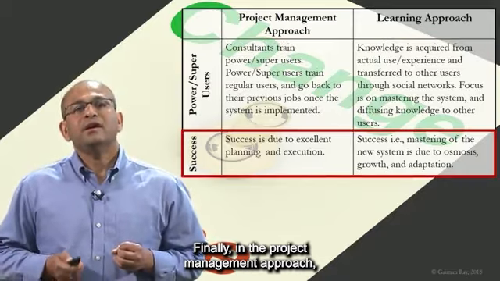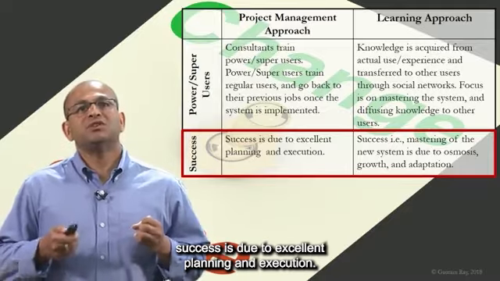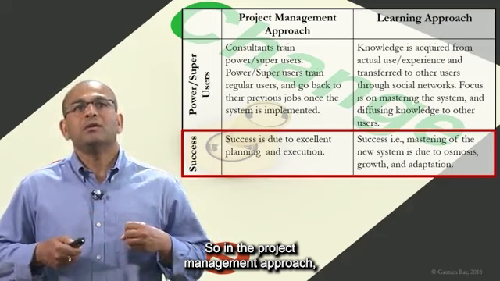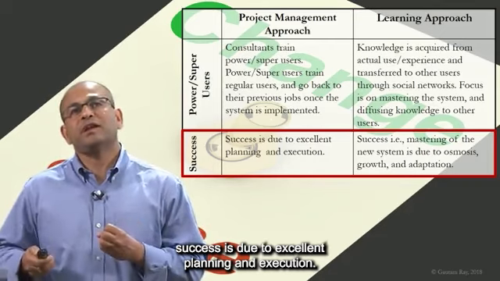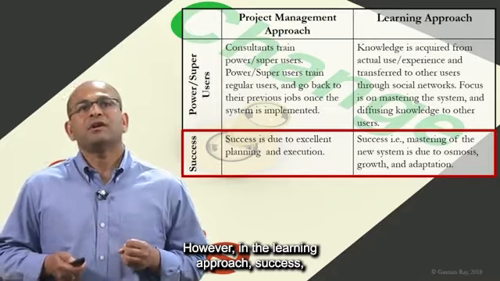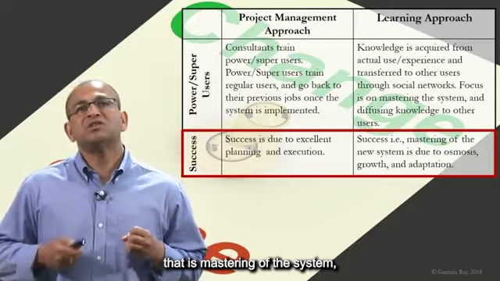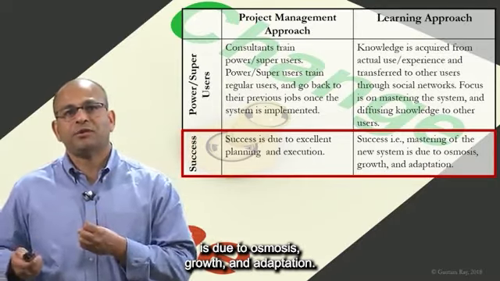Finally, in the project management approach, success is due to excellent planning and execution. However, in the learning approach, success, that is mastering of the system, is due to osmosis, growth and adaptation.